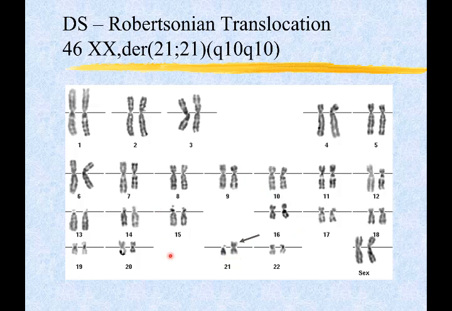Usually these children with Down syndrome have more severe symptoms, lower IQ, and a lot of times it could result in a miscarriage.